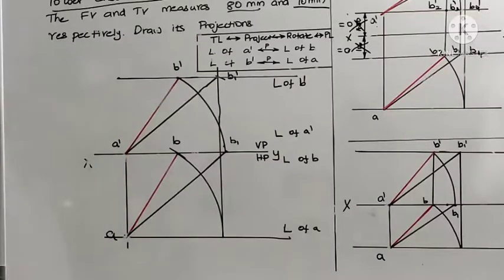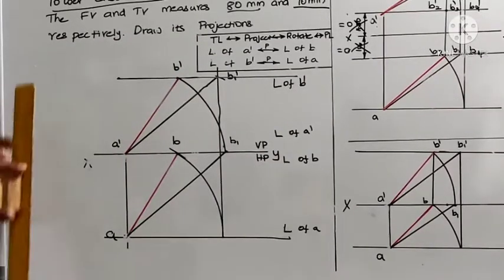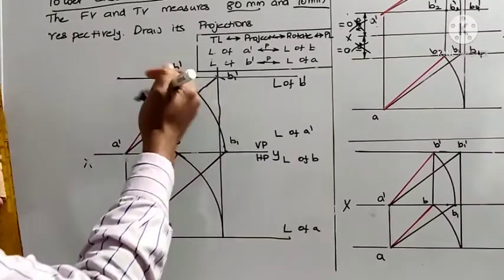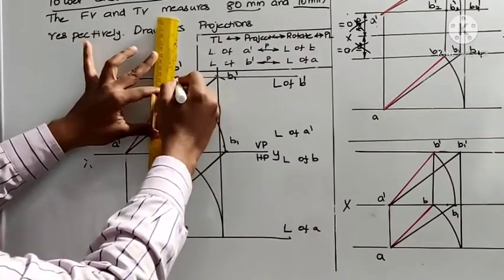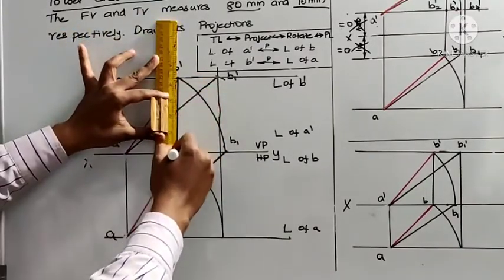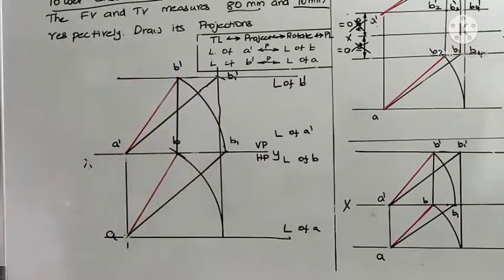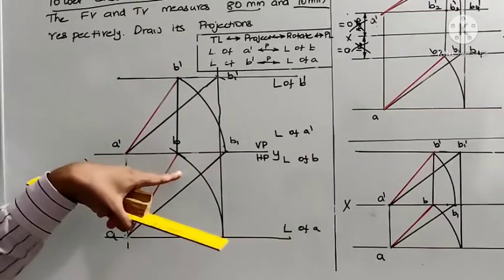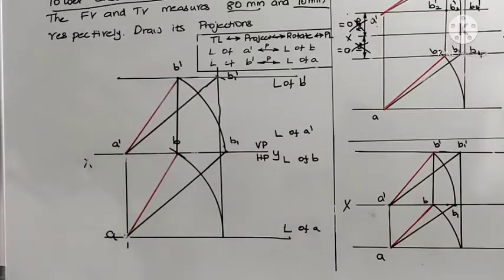Okay. So finally, if you draw a vertical line from the other end of the front view, that will fall in a straight line with the other end in the top view. Okay. So this is how you need to draw. This is how you need to solve this particular problem. Okay.